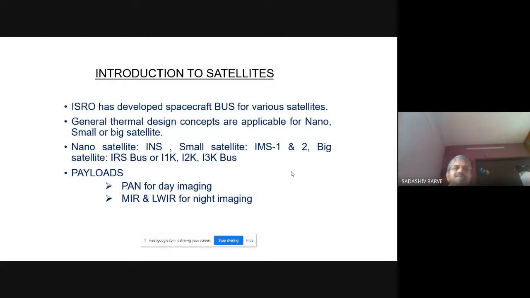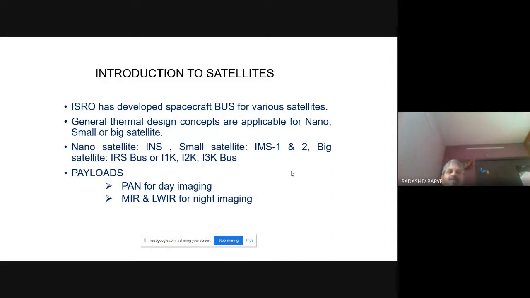In general, the thermal design concepts remain the same; only the criticality changes from nano and small to big satellites because they need to handle different levels of power. Otherwise, the basic concepts of thermal design remain the same.